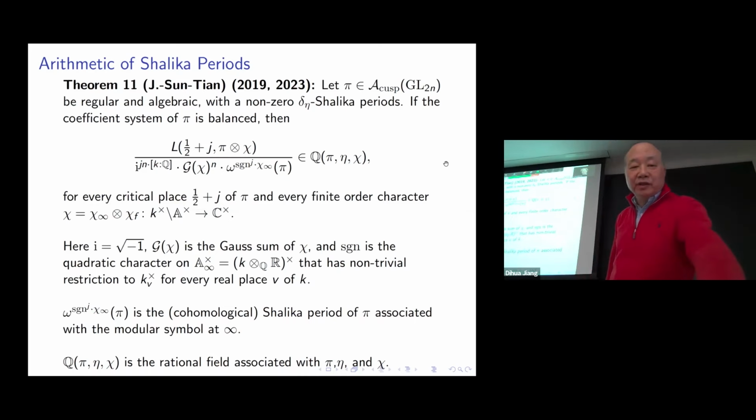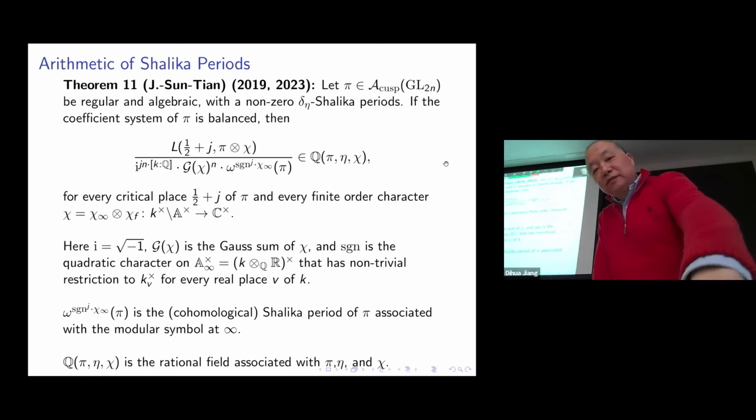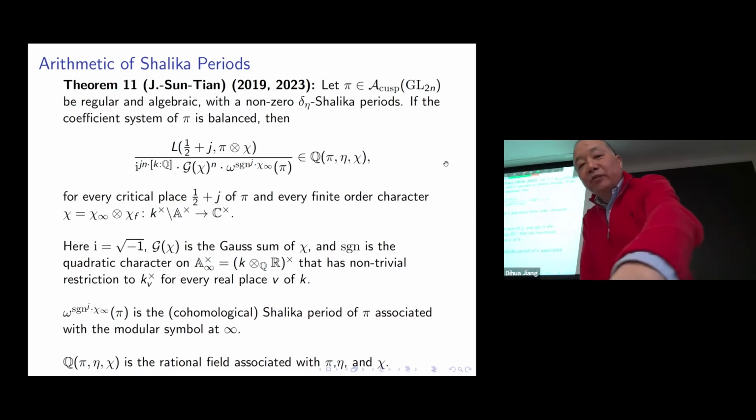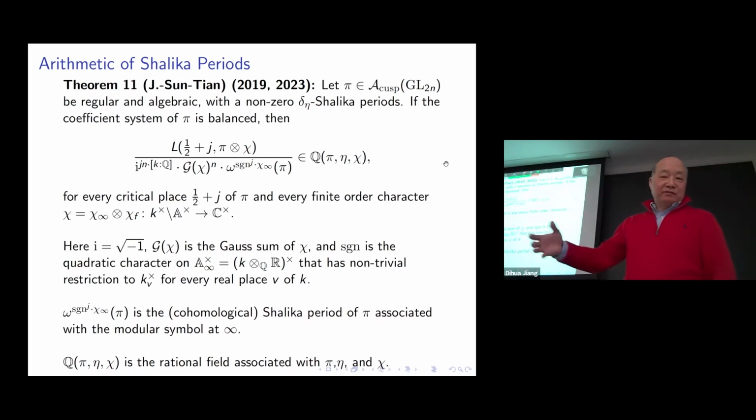So I'll explain here. The Gauss sum you have to divide, and some number divide, and then this is the cohomological Shalika period associated with pi at infinity. And after that, this will be in this field, the so-called rational field of cusp form and these characters.